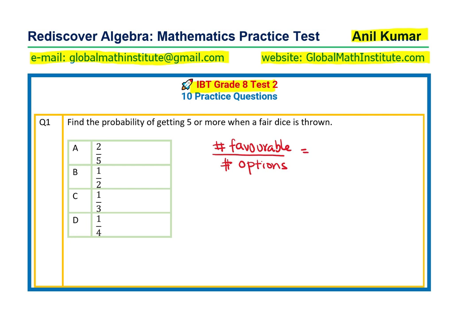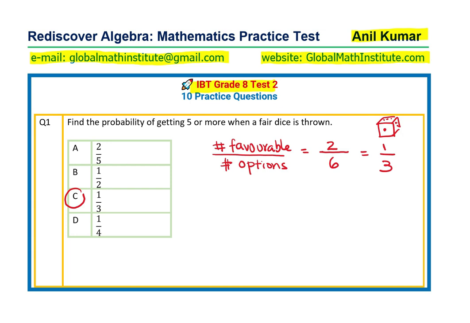So 5 or more. So in a dice, as you know, we have only 6 options, correct? So total number is 6, favorable are 5 and 6, which are two options. So we get answer 1 over 3. And so C is the right option for us.